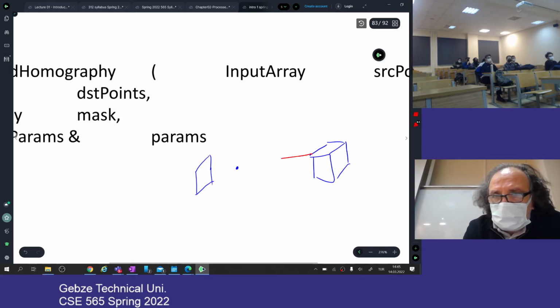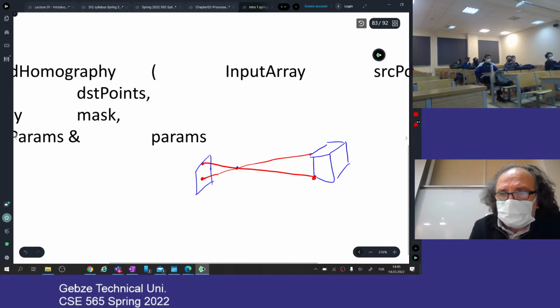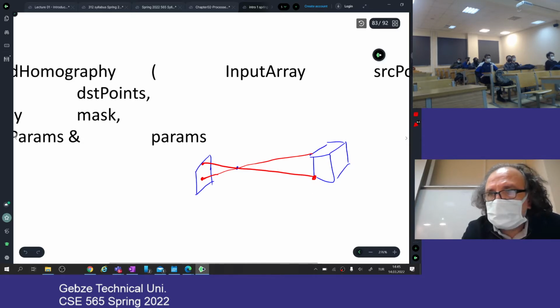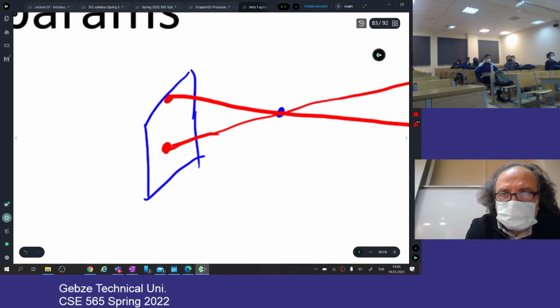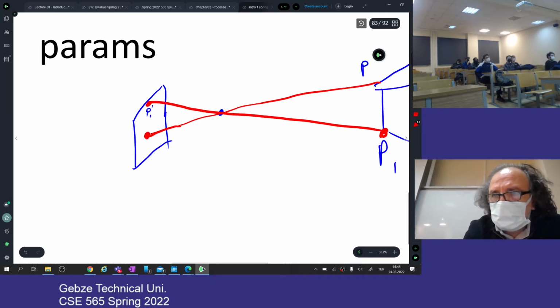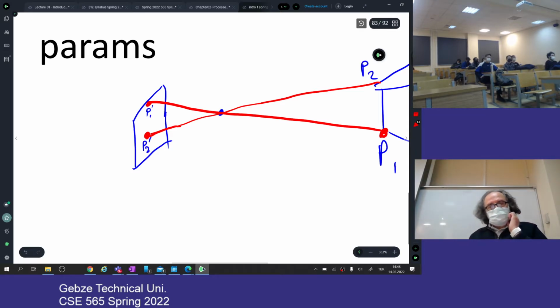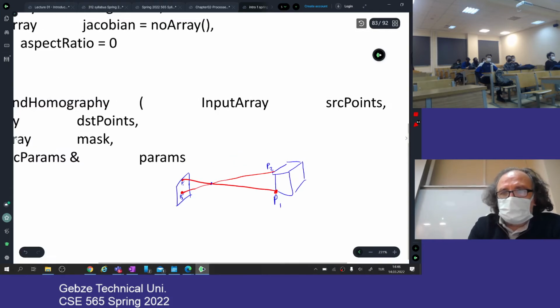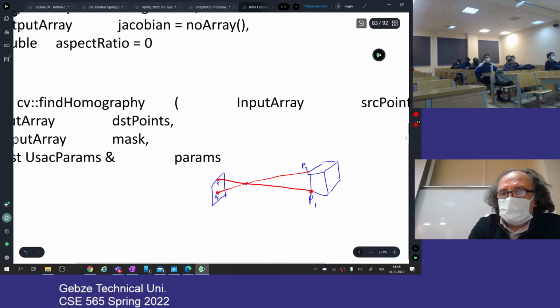So one ray hits here, and this point hits there, etc. So I know that this P1 is projected to small p1 prime, and this P2 will be projected to small p2 prime, when this function transforms them.